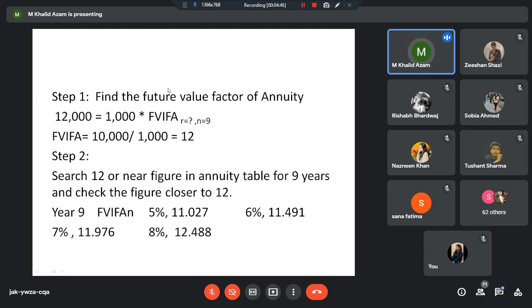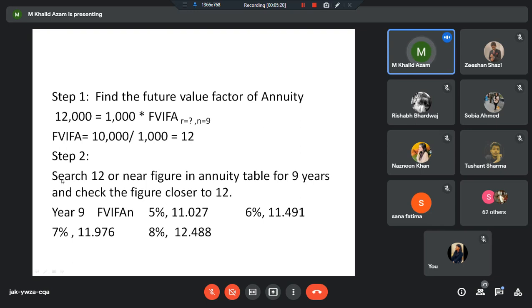First of all, find the future value factor of the annuity. This factor is inclusive of the period 9, and the rate of interest we do not know. So R is not known, N is known. 12,000 divided by 1,000 is equal to the future value interest factor of the annuity, and it comes to 12.